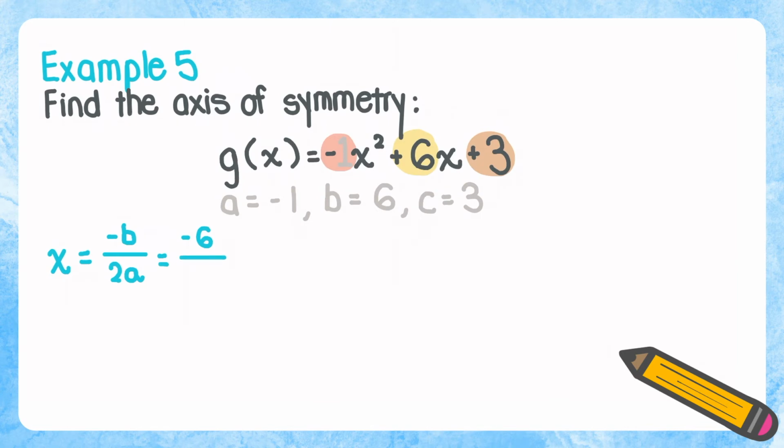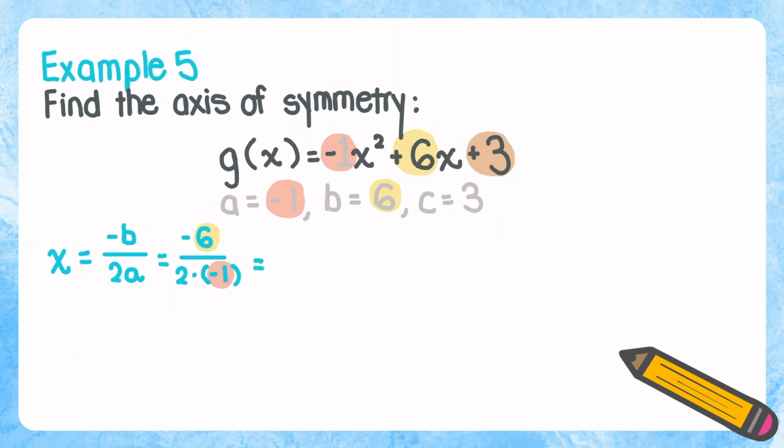And a equals negative 1. So I have 2 times negative 1. Again, I replace the b with a 6, and I replace the a with a negative 1.